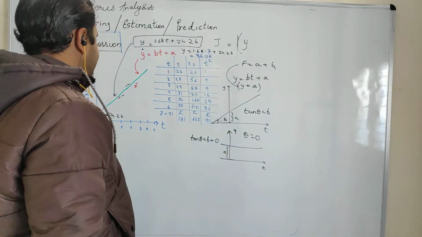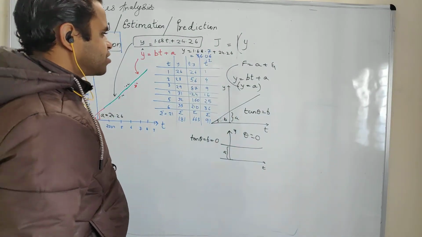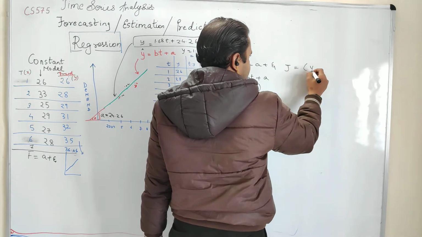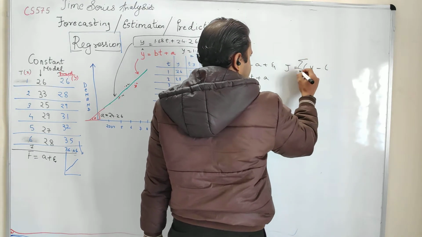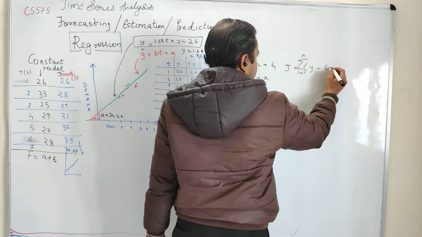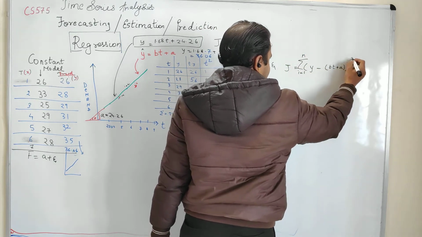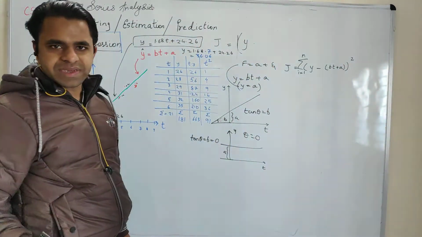If you want to see the derivation like we saw in the last case of linear regression, we had a function j. We took the summation from i equal to 1 to n of bt plus a, squared.